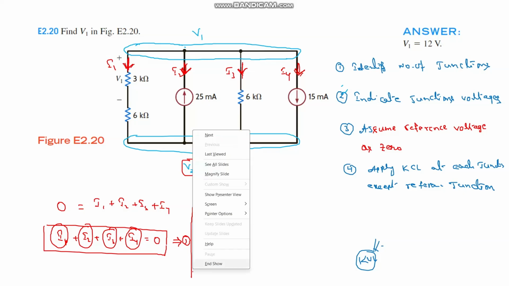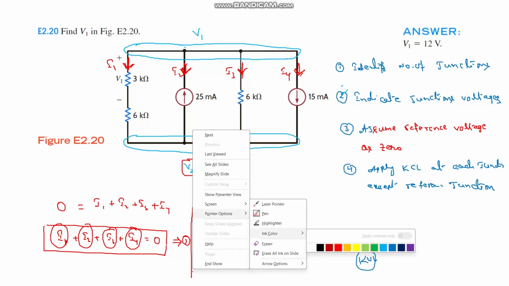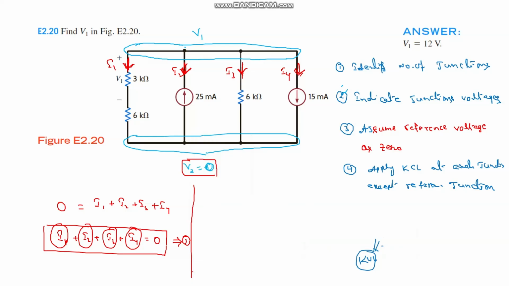Here I1 is nothing but the current flowing through the 3 kilo ohm resistance and 6 kilo ohm resistance. The current starts from V1 and ends at V2. So this is the current direction of I1, passing through the 3 kilo ohm and 6 kilo ohm resistances.